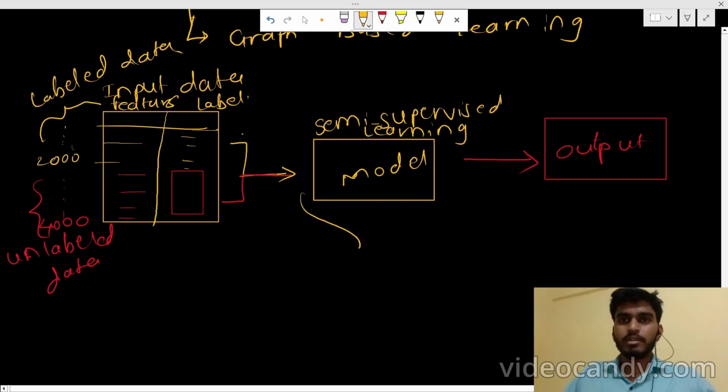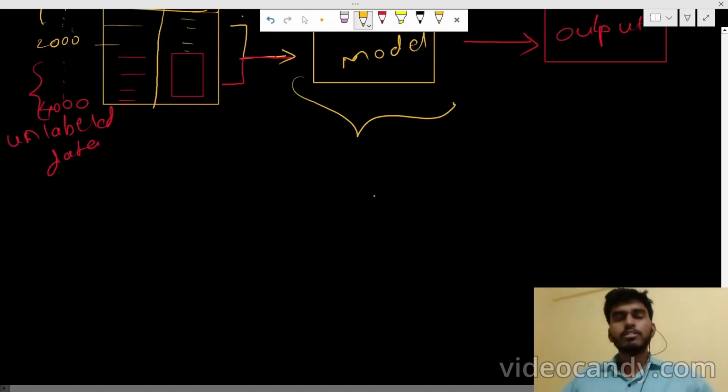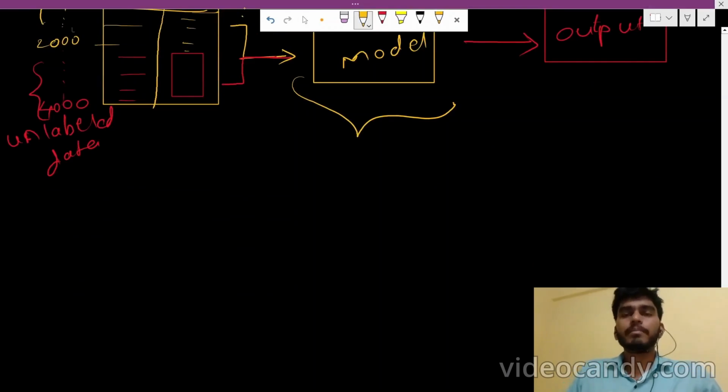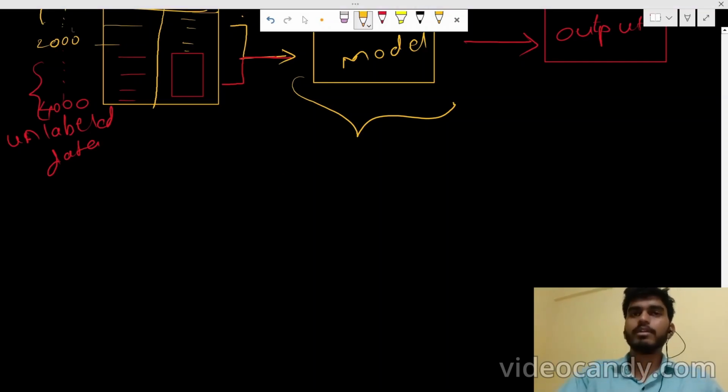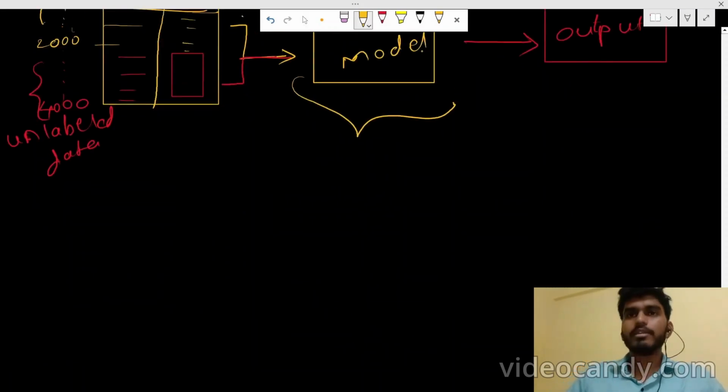Let's understand how this model is going to be created. By the way, I'm talking about only the self-learning method, so don't correlate this with the other two methods. I will explain them in the next video. Yeah, I will write here: this is the self-learning method.